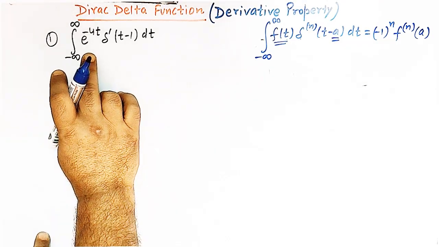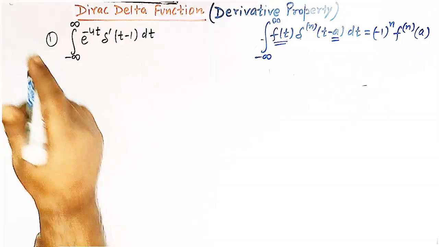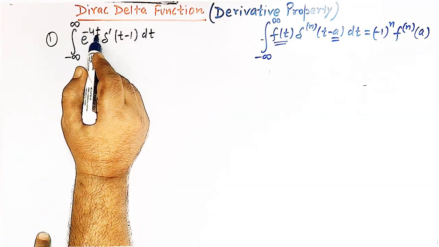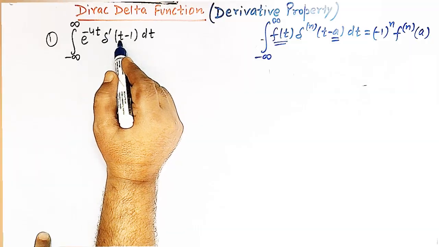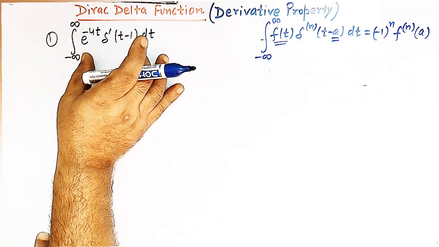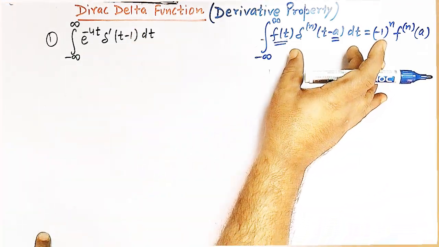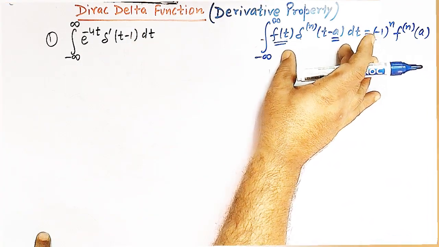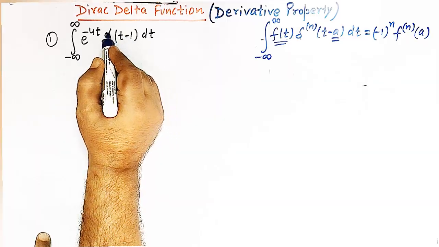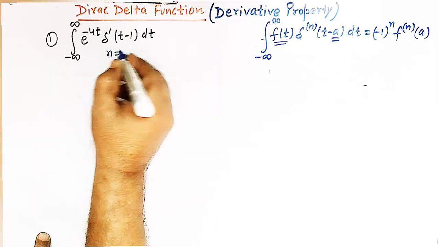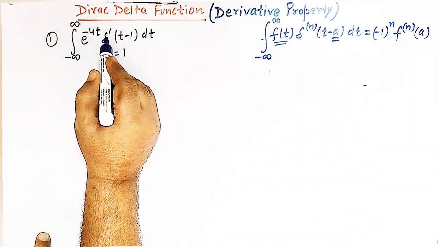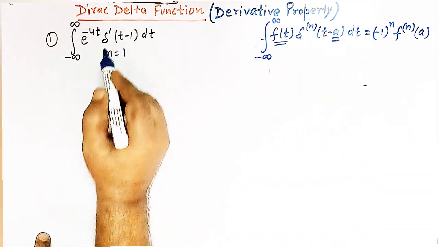Now consider this integral from minus infinity to infinity of e raised to minus 4t and delta prime of t minus 1 dt. We are going to evaluate this integral with the help of this property. Here we have delta prime of t minus 1, that is the value of n is equal to 1, so the first derivative of delta function is involved.